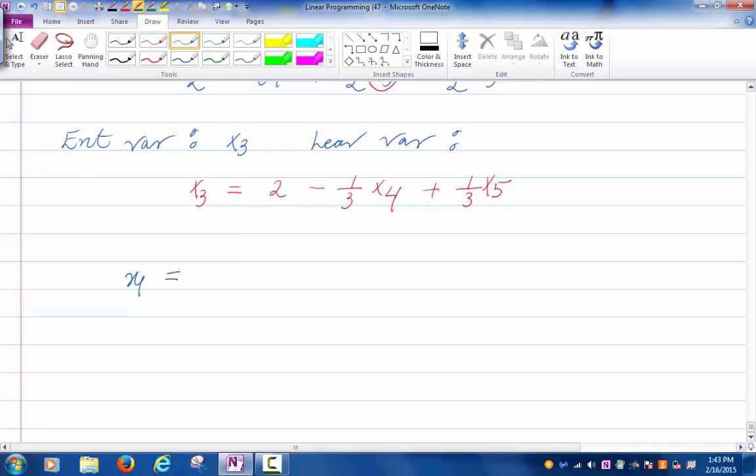So you get x1 is 2 plus 1/3 x4 minus 1/3 x5. x2 would be 2 minus 1/3 x4 plus 1/3 x5.